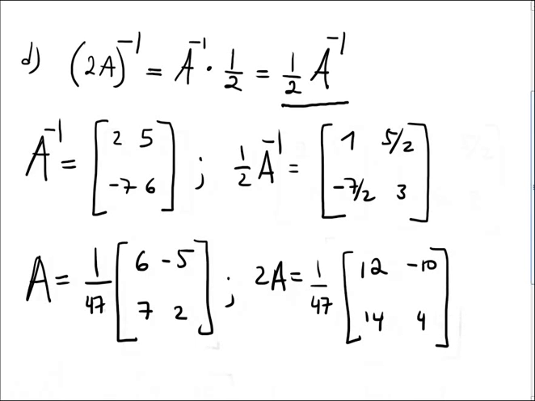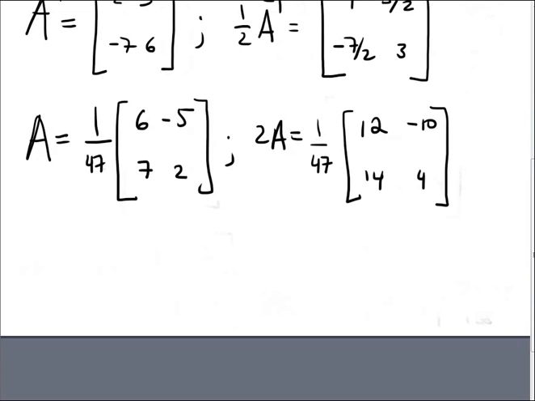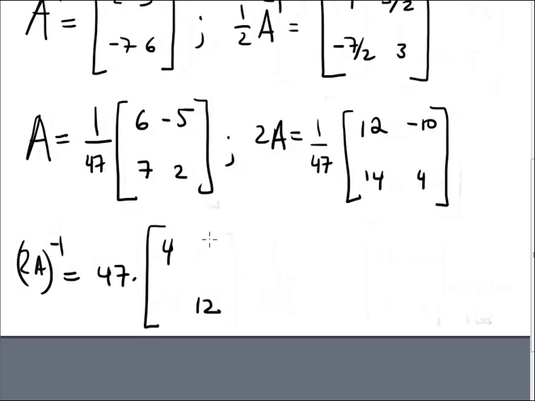Now let's find the inverse. The inverse of 2A is the inverse of the number, which is 47, times the inverse matrix of this. The inverse matrix is 4, 12, 10 and -14, divided by the determinant of 2A.